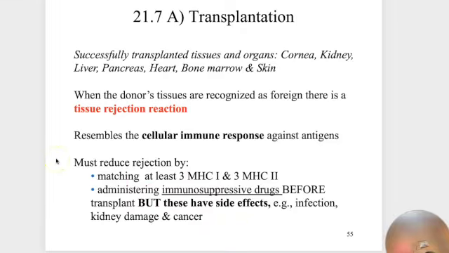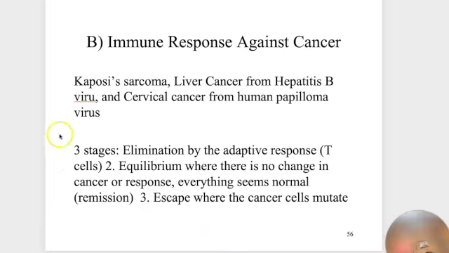Immune response against cancer: Kaposi sarcoma, liver cancer and hepatitis B virus, and cervical cancer from human papillomavirus. Okay, 3 stages. This is how they eliminate. First, elimination: your body will kill the cancer cells.